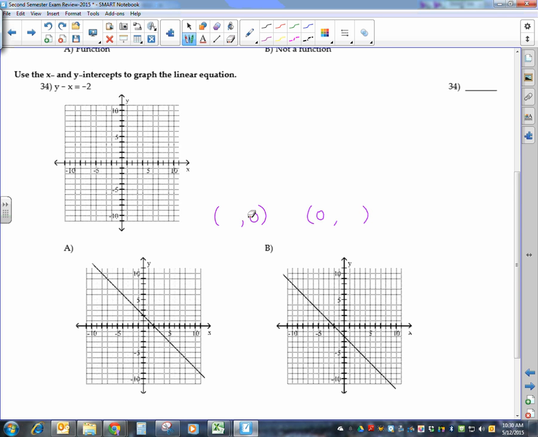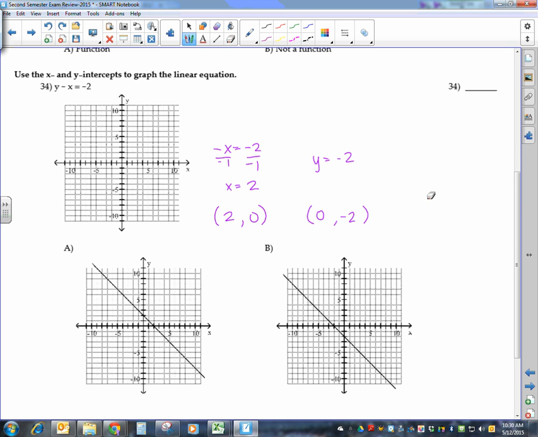So if I plug in 0 for y right here, it goes away, and that leaves me with negative x equals negative 2. Divide by negative 1, and you find out that x equals 2. So your x-intercept is 2, 0. Now if I plug in 0 for x, that goes away, and that clearly says y is negative 2.